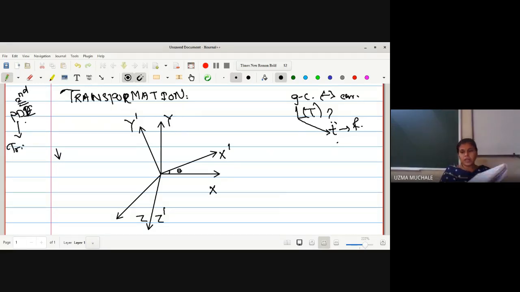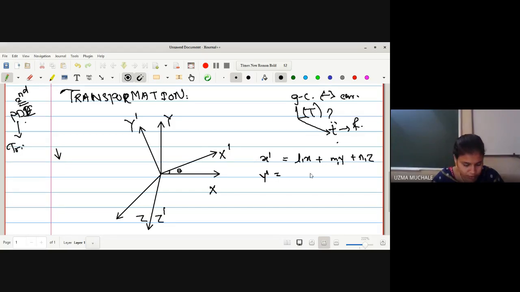Now we have to find out the relation. That is, if we know x, y, z, we have to find out the new coordinates. That means new positions x dash, y dash, and z dash. Okay. How to write them is, say x dash, I can write as L1x plus M1y plus N1z.